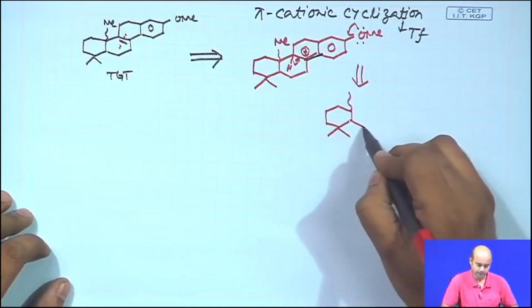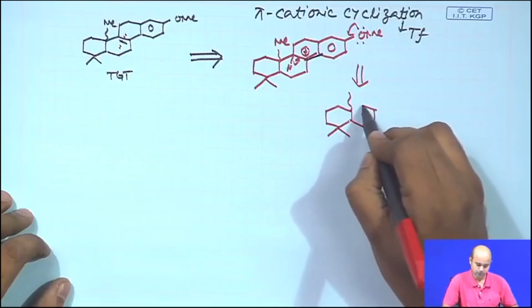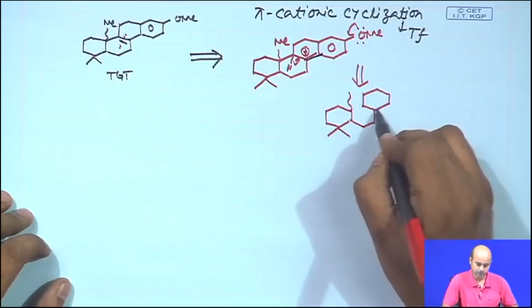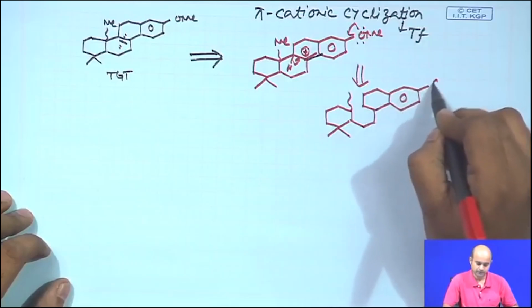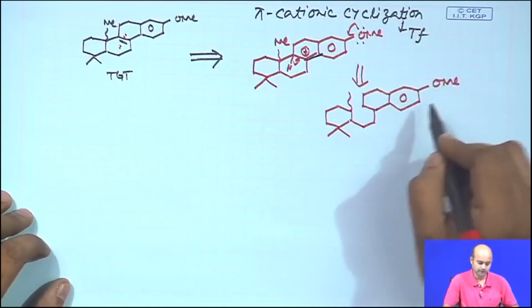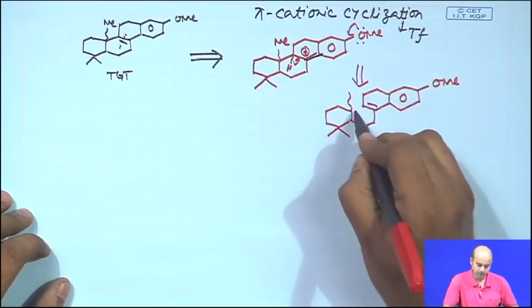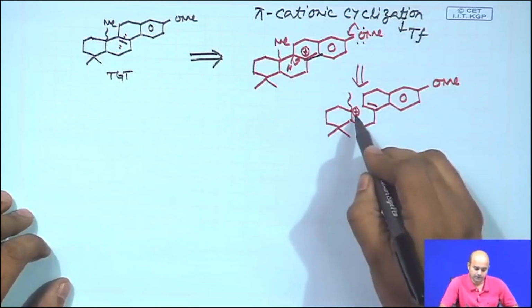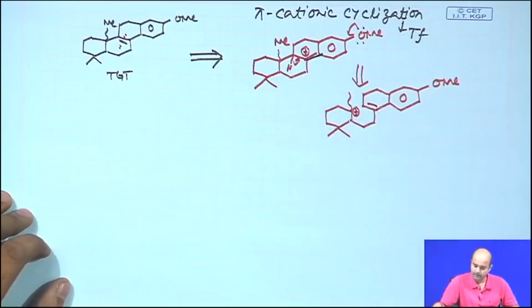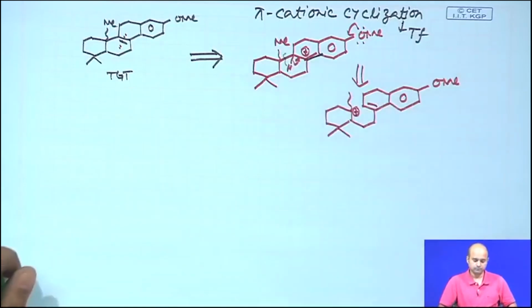Next retro, we will try to figure out making the central ring. Let's say there are 4 rings, and now we will try to put a carbonium ion on this carbon. So, we are disconnecting this particular bond.